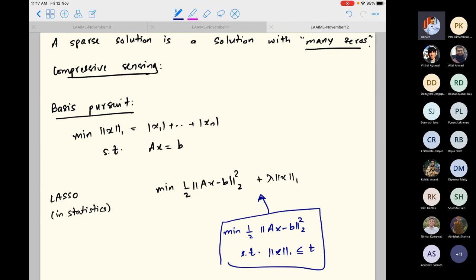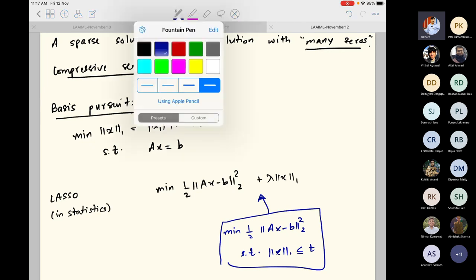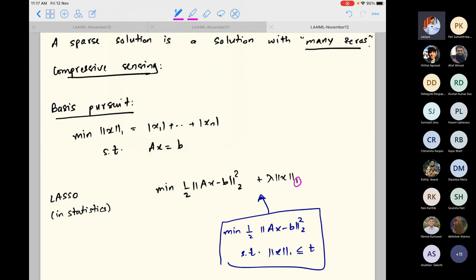A similar thing we have already seen. If you remember, in the least squares problem, if this were not equal to 1 but equal to 2, we had really seen this problem. Do you remember this problem being discussed in the class when we had, instead of one norm as a constraint, two norm as a constraint? We had several cost functions which were simultaneously being put together in the minimization.